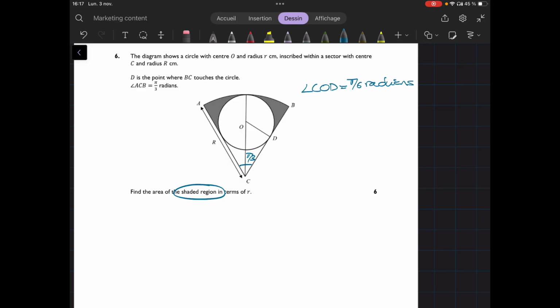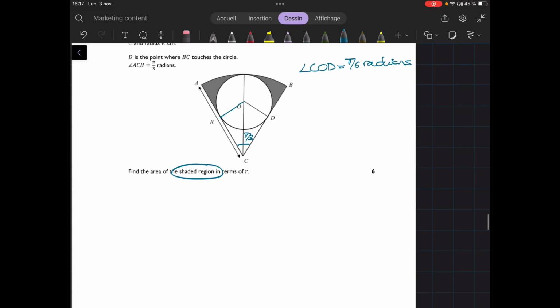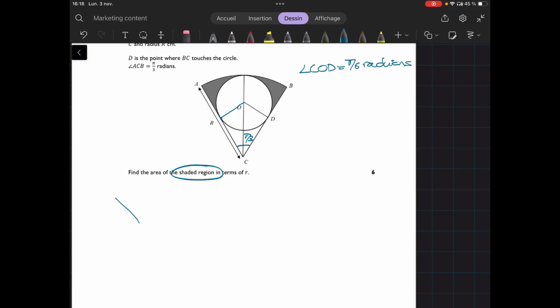The area of a shaded region can be found in several ways. And I would say the easiest way would be finding the area of a big sector, minus the area of OECD, the kite, minus this sector over here, EOD sector.